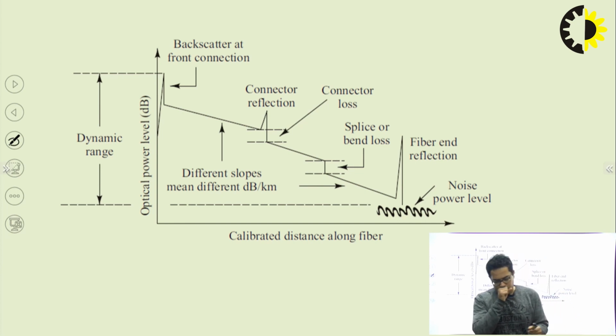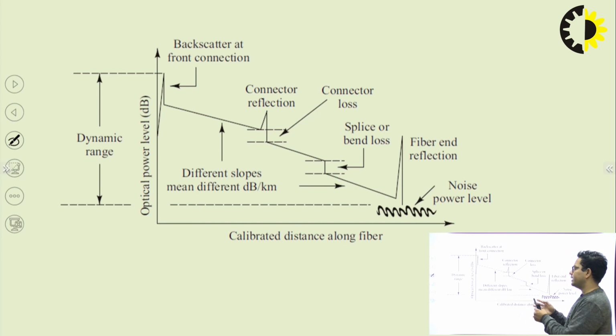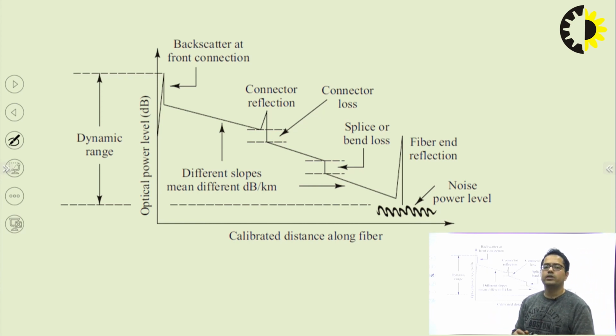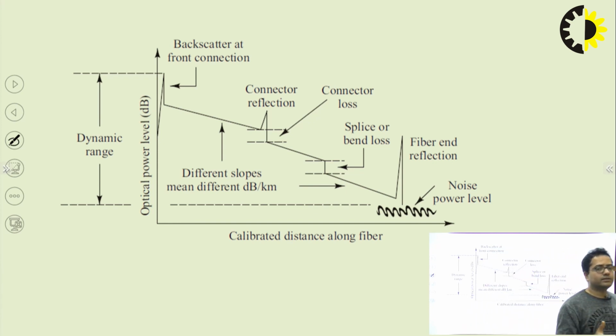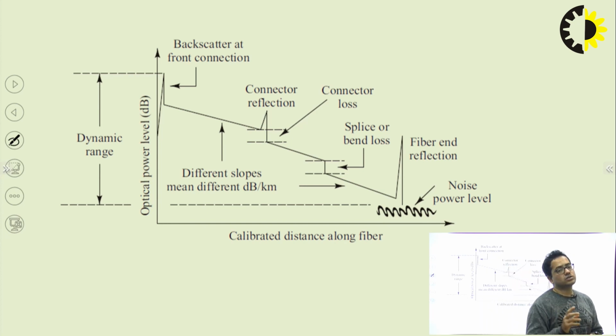That means the core of one fiber is not perfectly aligned with the core of the other fiber. If the cores are not perfectly aligned, then how can you assume that all the optical power will couple into the other fiber? Some power will move into the cladding of the second fiber. So this leads to a loss of optical strength, which comes under the splicing loss. That splicing loss can also be directly measured using an OTDR.